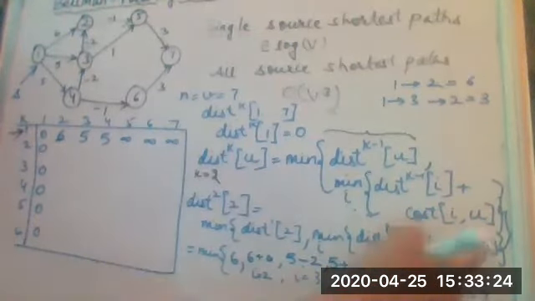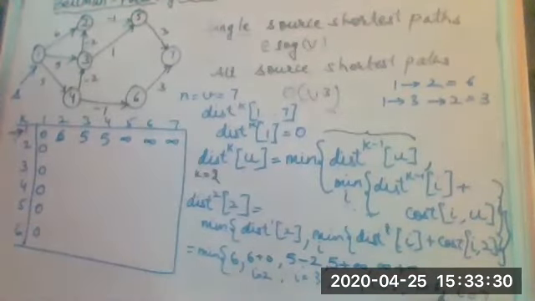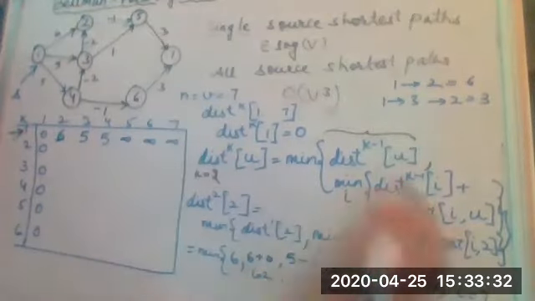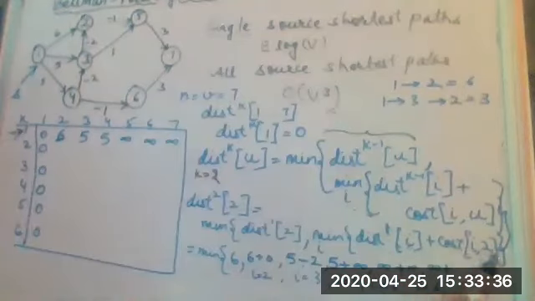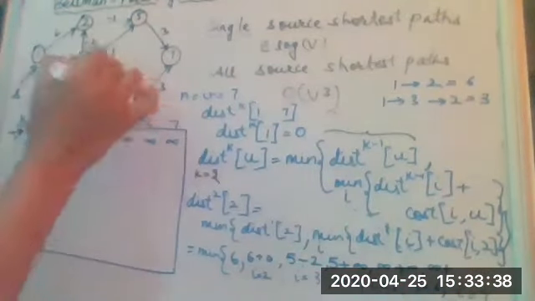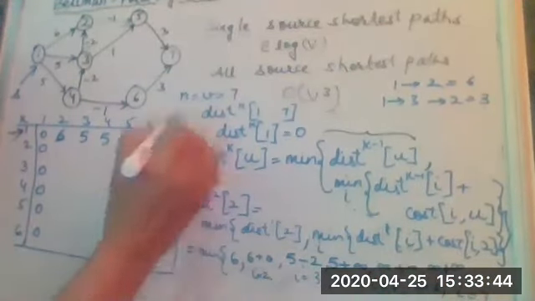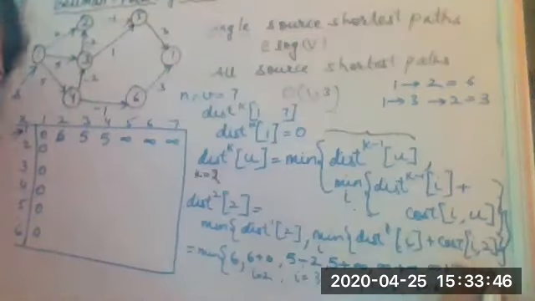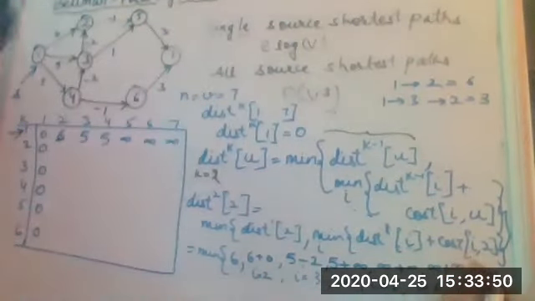And 5 to 2, there is no direct path, so this is also infinite. Similarly, for the sixth one, 1 to 6 is infinite here, plus there is no path between 6 to 2, so there is going to be infinite value here. For 7, again, 1 to 7 is infinite, plus 7 to 2, there is no direct path, so it is also going to be infinite.